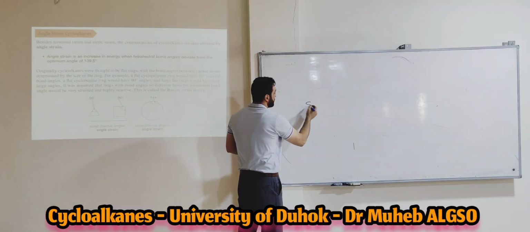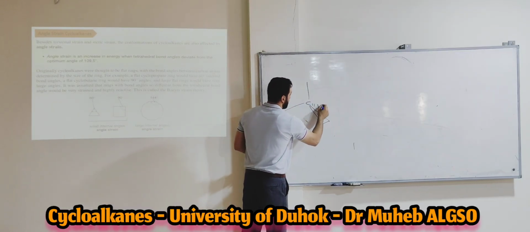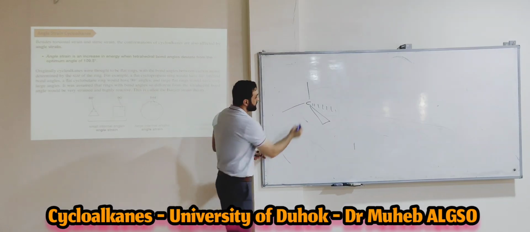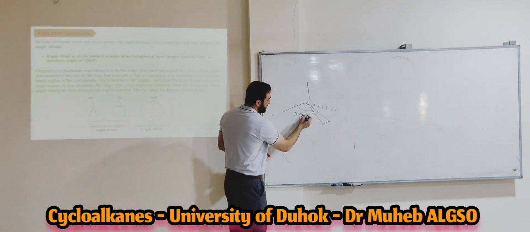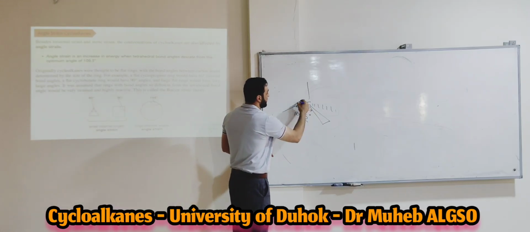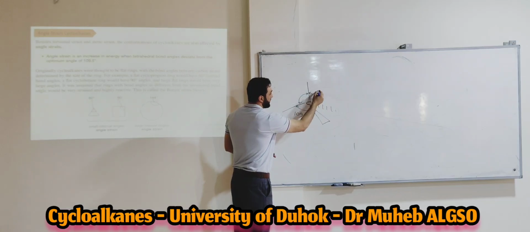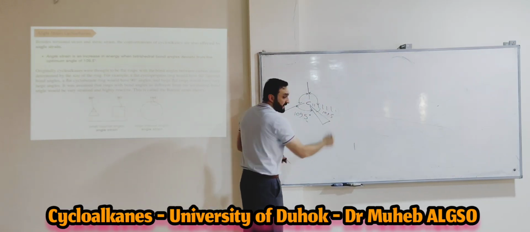So here we have a carbon and like that. Okay. Now the angle here is 109.5 degrees. Also the angle here is the same. The angle here, the same. The angle from here to here is also the same.